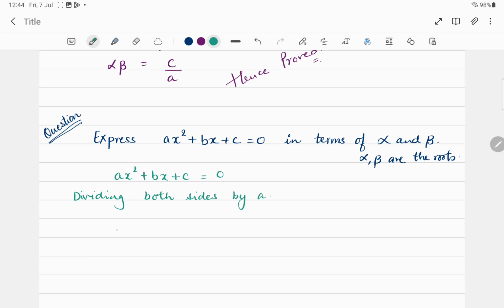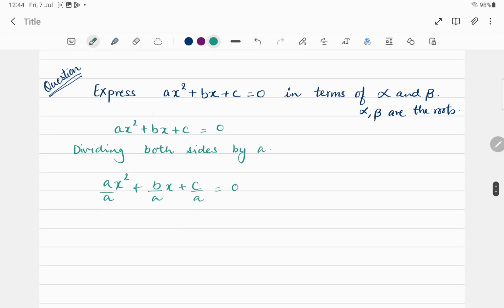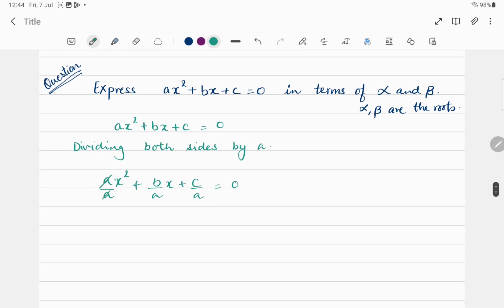So we will get x square a over a, plus b over a x plus c over a is equal to 0 over a, which will be 0, right? So we are left with this. Now a will cancel, right? So we are left with x square plus b over a x plus c over a equals 0.